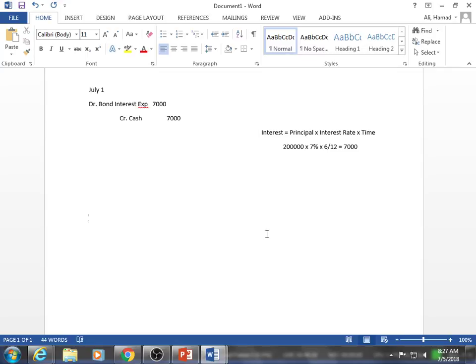So if we issue bonds at a discount, these are the generic forms of journal entries.